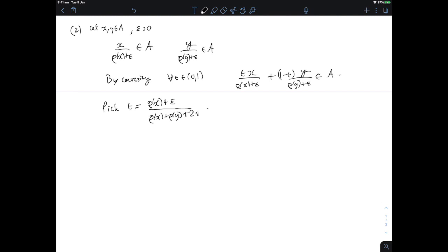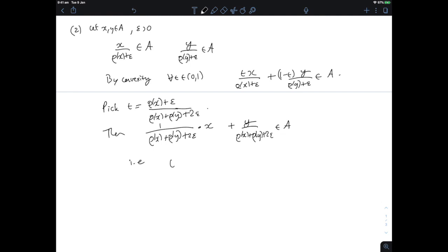And what does that give me? That gives me that 1 divided by rho of x plus rho of y plus 2 epsilon times x, plus 1 minus that, and what is 1 minus that? That's y divided by rho of x plus rho of y plus 2 epsilon, has to belong to A. And what does that tell me?